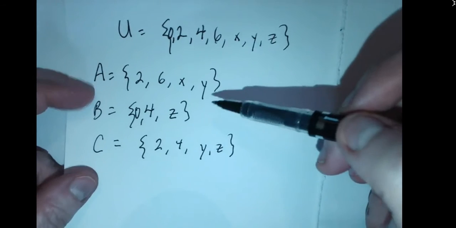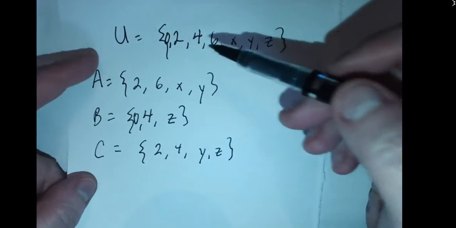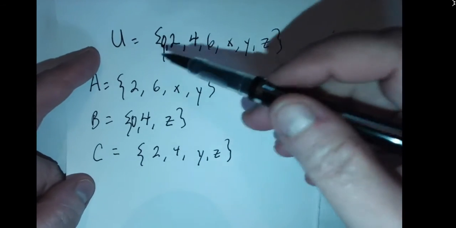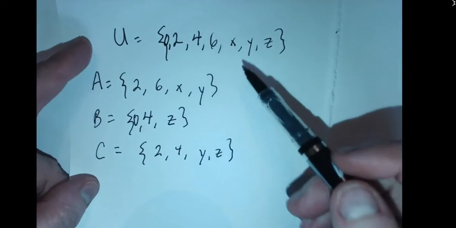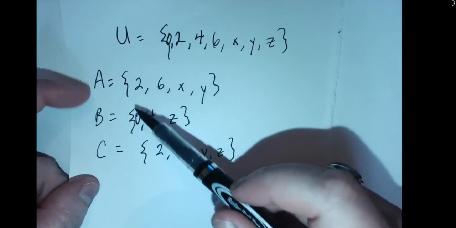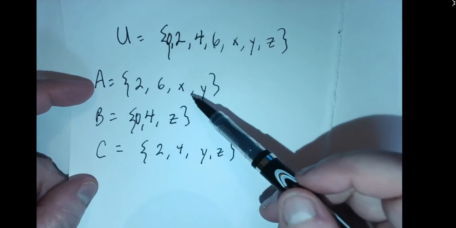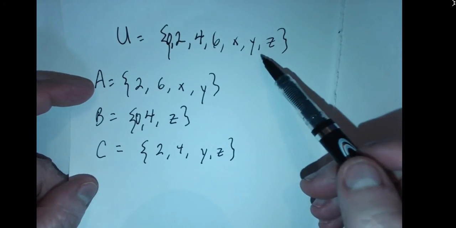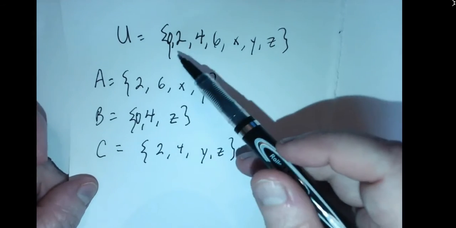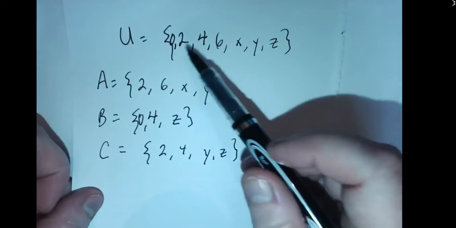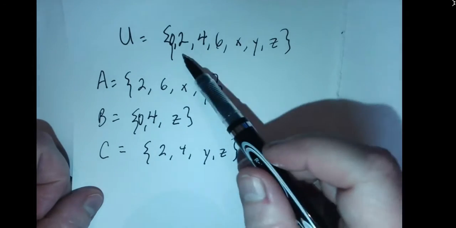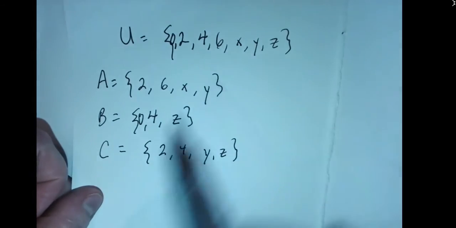These subsets, which are smaller sets made up of elements in the universal set, all contain elements inside here. So we don't have, for instance, one of these having a lowercase a, because it's not in the universe. Also, we don't have anything made up of the number 1 down here because it's not in our universe. This universe only consists of these elements.